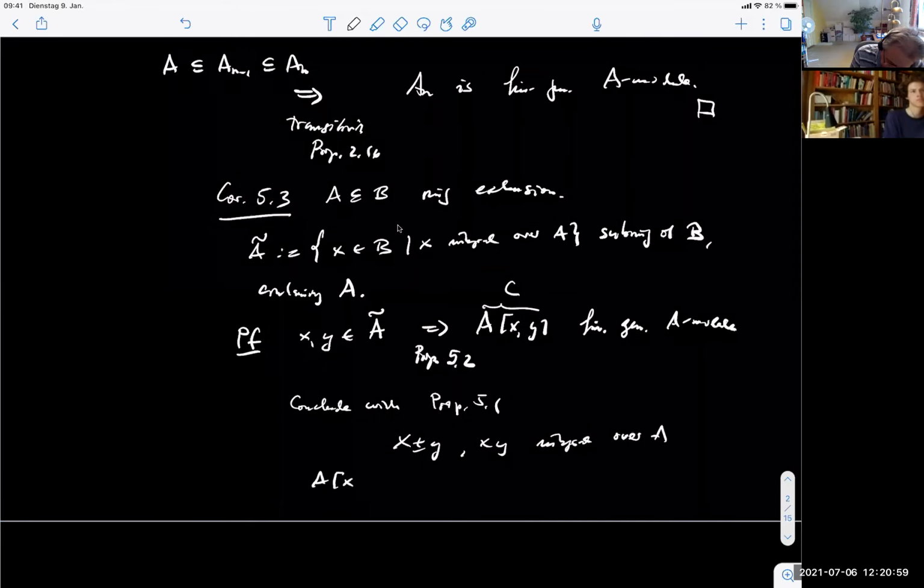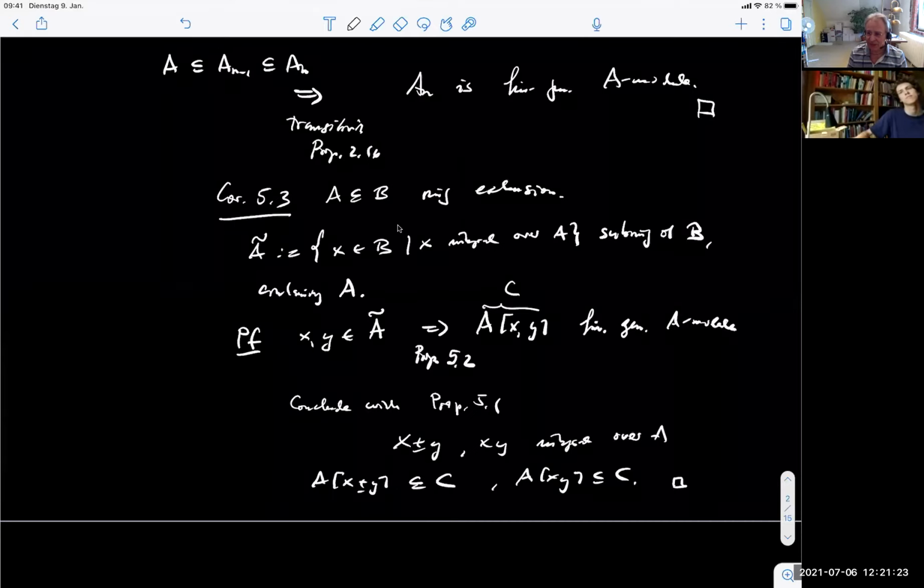Let's say I have this element in C. You see, I have an intermediate ring. It's finitely generated as an A module, and it contains the element of interest. Therefore, these elements are integral.